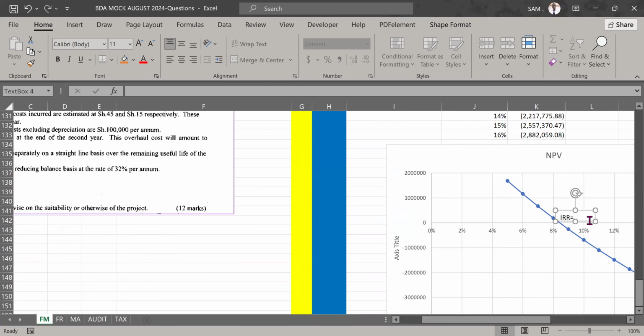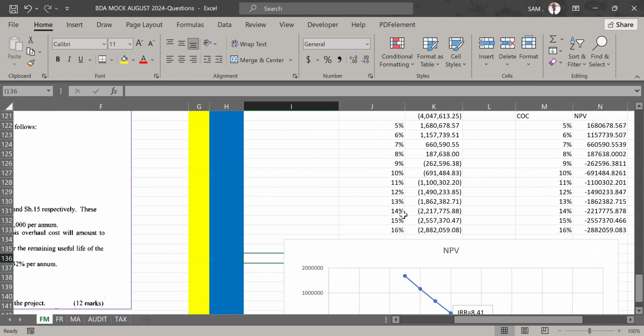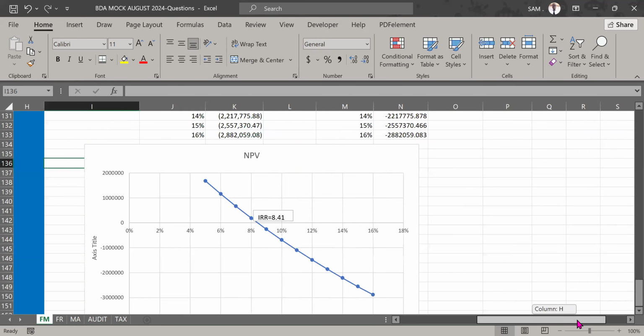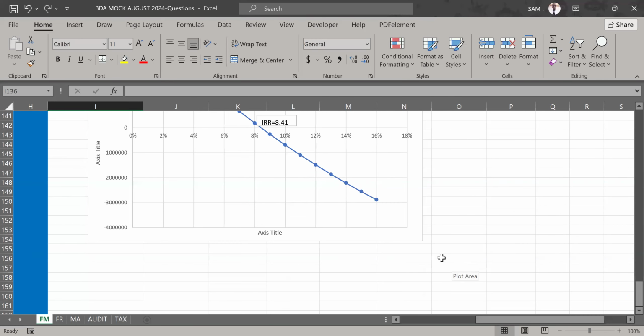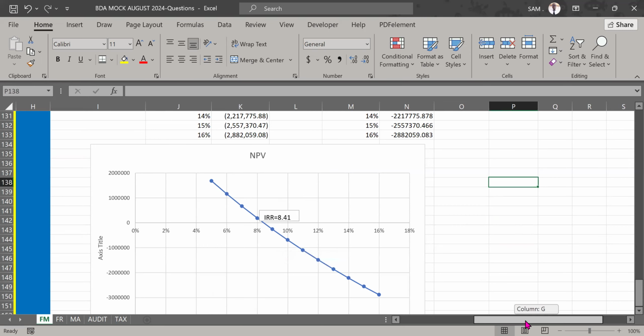Just come there and say 8.41. You're just confirming what you already know. You're just confirming to them that using a chart, using a graph, the IRR still falls within the same area, 8.41, like that. So I think that is that.